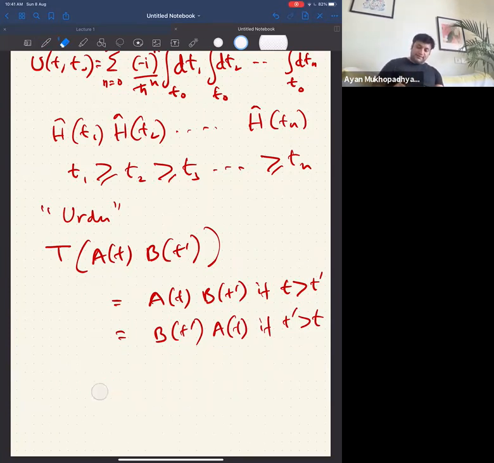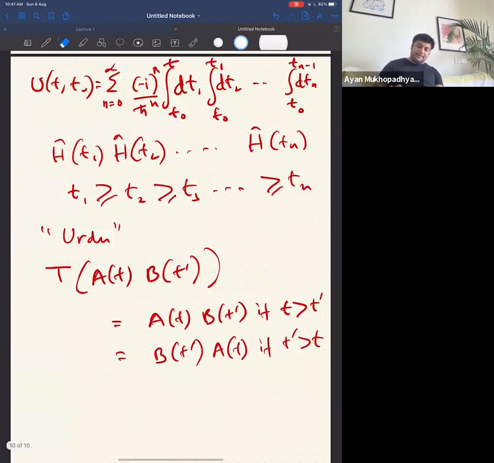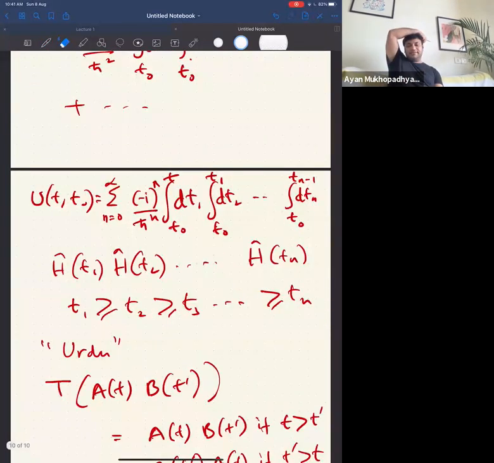Now, if I replace everything by time ordering, you see that t1, t2, tn are dummy variables. So I can replace t1 with t2 if I don't take care of the ordering.